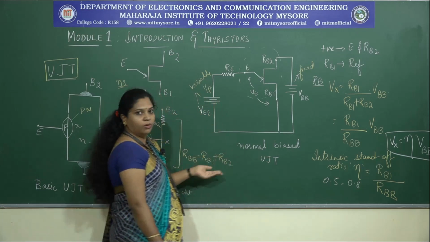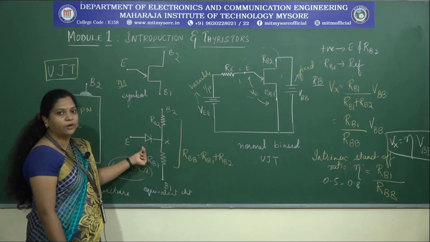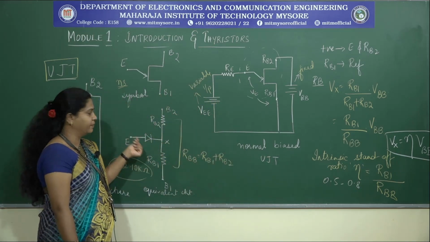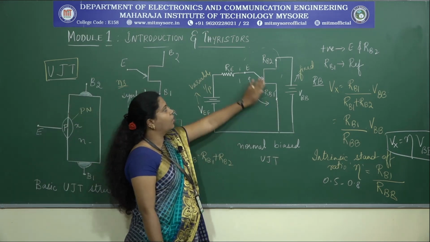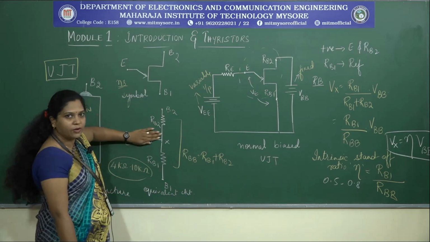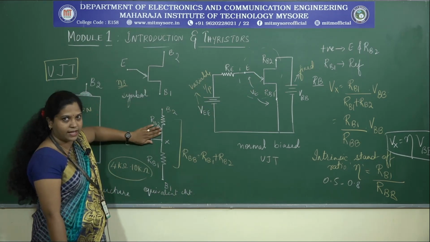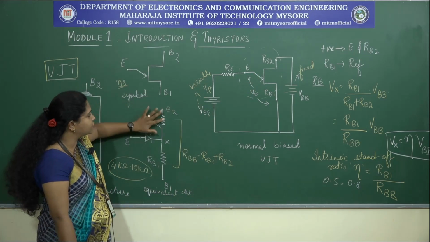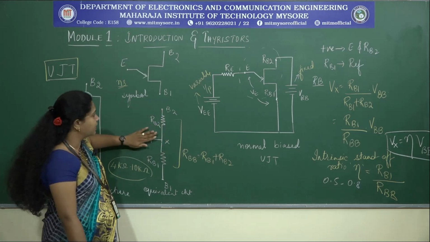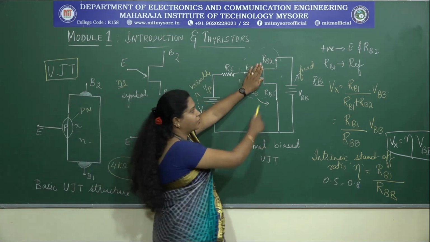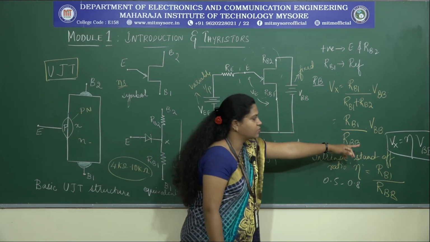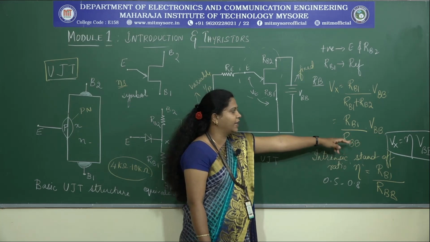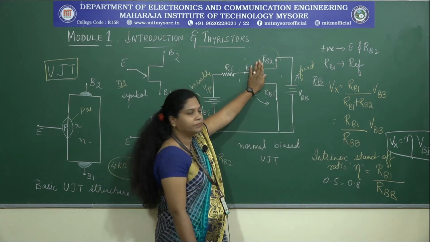Now, when this diode is still in its reverse bias condition, what happens to these inter-base resistances? It is applied with a positive potential of VBB, and hence it gives some small output voltage Vx, that is eta VBB.